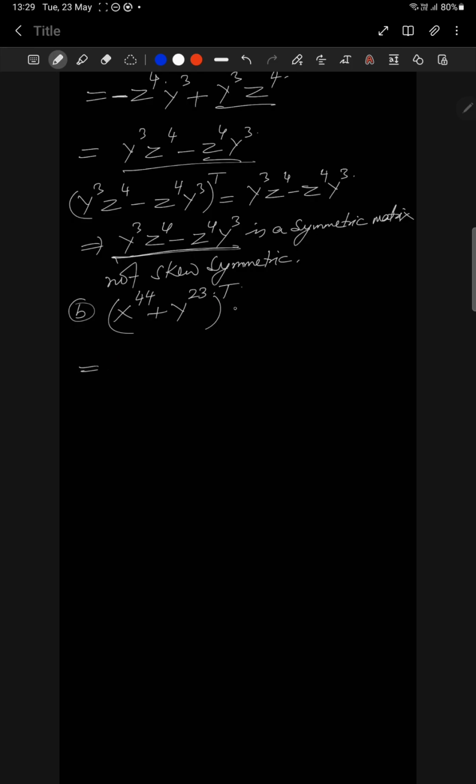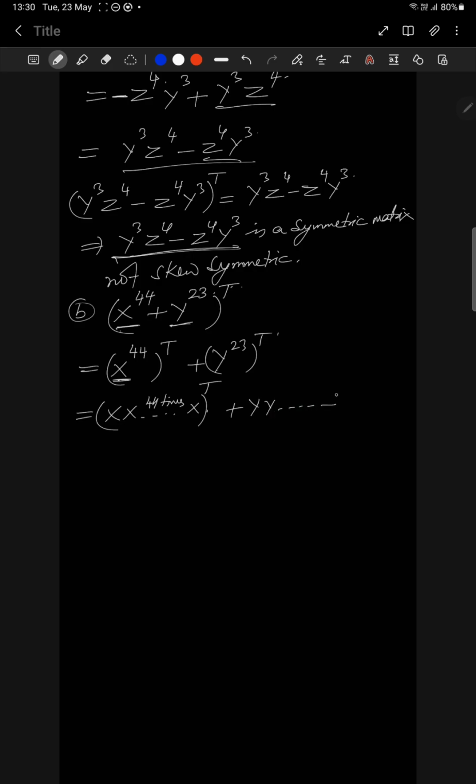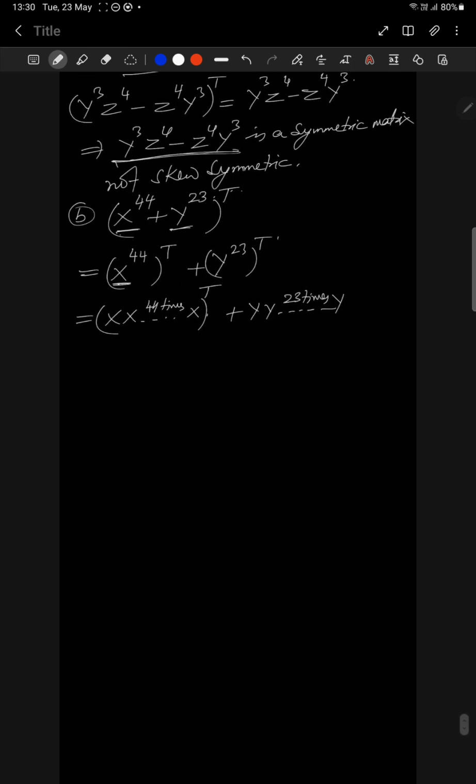So what will happen? Using the previous concept, A plus B transpose can be written x to the power 44 transpose plus y to the power 23 transpose. So what will happen? This x will be multiplied with x 44 times, and transpose plus y 23 times, and transpose of that.